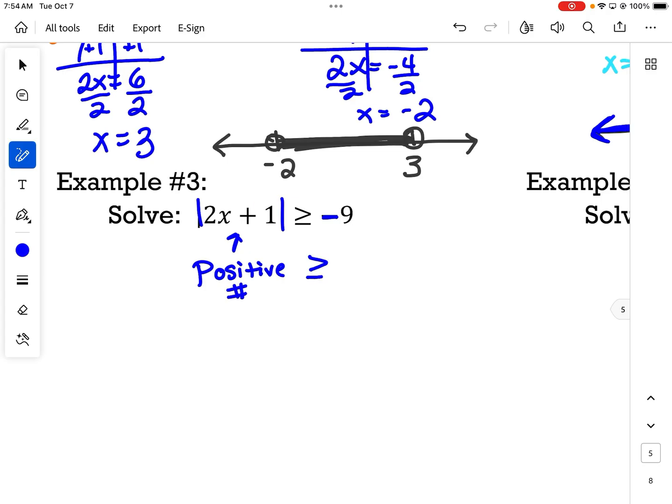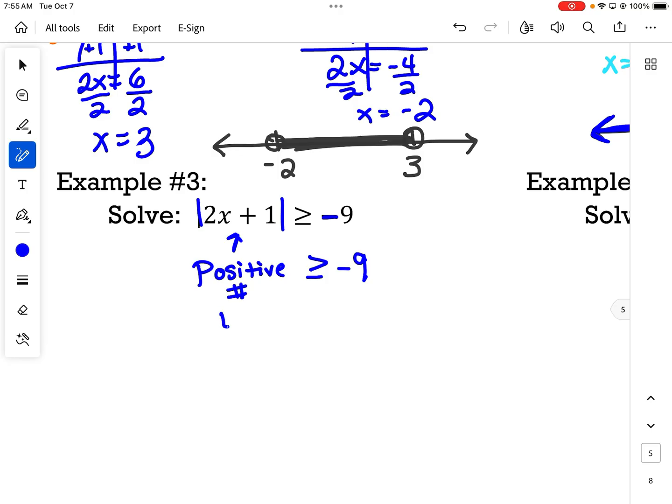Is any positive number greater than or equal to negative 9? Where does it start working? At 0, at 1, at 2. Can I find all of those numbers? What's it going to be? This is always going to be positive.